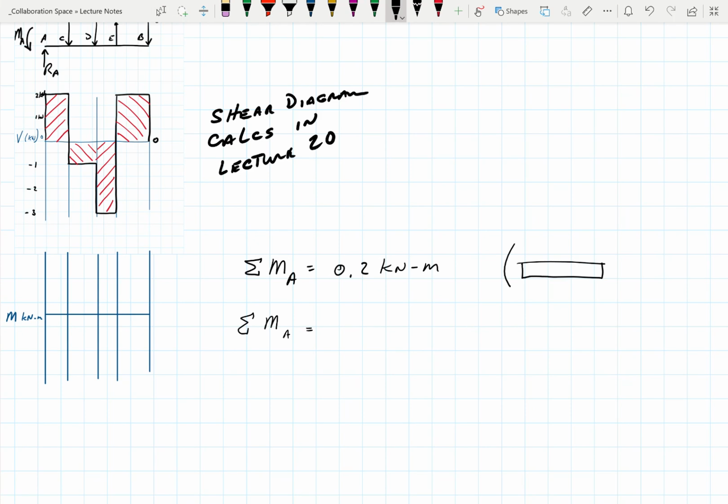All right, so we got this for MA, and we called that 0.2 Newton meters. We have a reaction here, RA, okay? And then we have this value here for V, and we have this moment here.